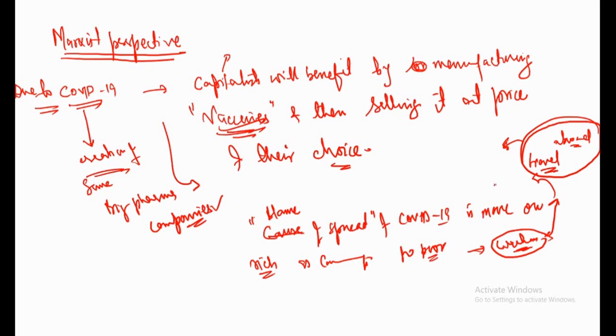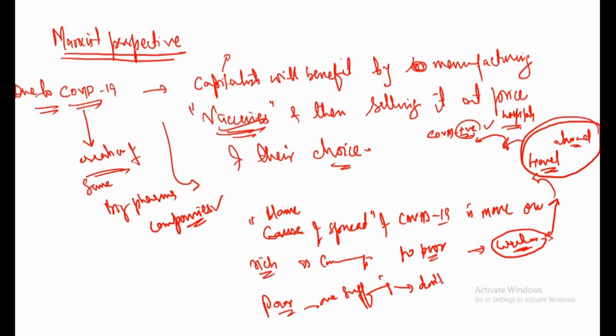And if they are COVID positive, they can get themselves treated in reputed private hospitals, and the poor are suffering. The poor are suffering more as compared to the rich, because the poor don't have money for treatment. They go to government hospitals.